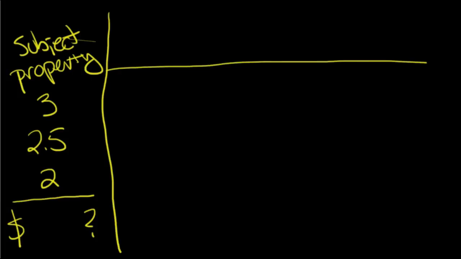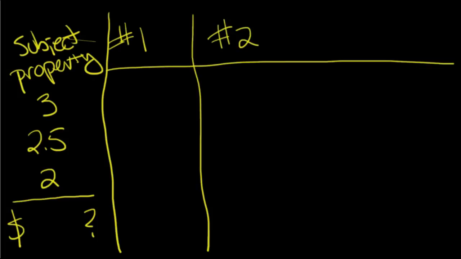So let's use some comparables. I'm going to draw a little line here. We're going to find another house in the neighborhood that recently sold, and call that comparable number 1. We'll find another one that recently sold, comparable number 2, and another, comparable number 3.